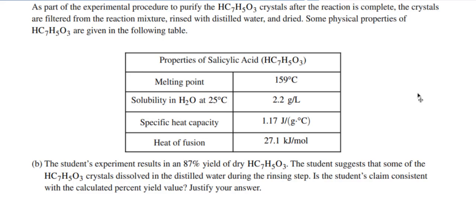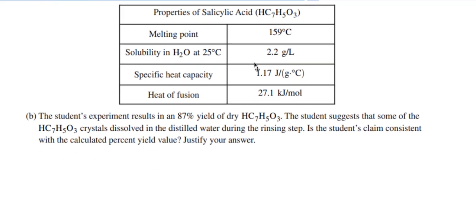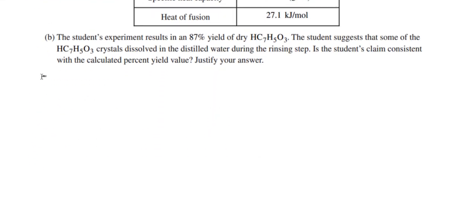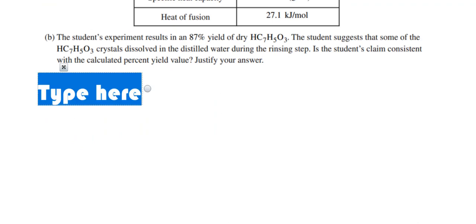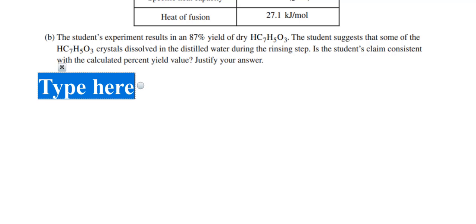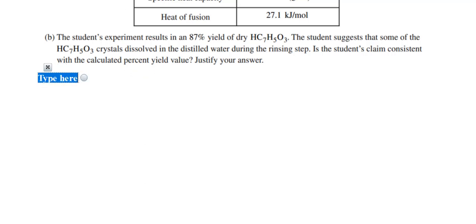And so anytime we have a justification of an answer, what we want to do, and I'm going to change this to Times New Roman, and font size 12, maybe font size 15, okay? What we want to do is we always want to do a claim, evidence, and reason, okay? And so let's do my claim. What is my claim here?